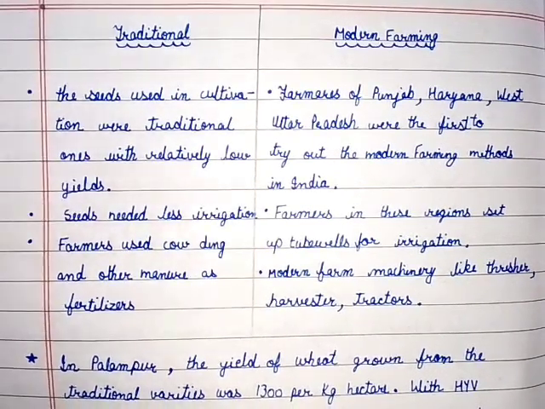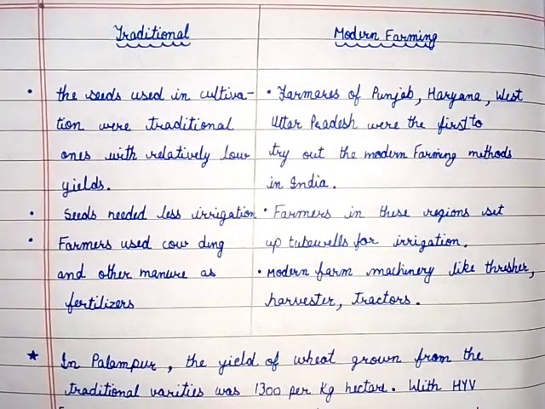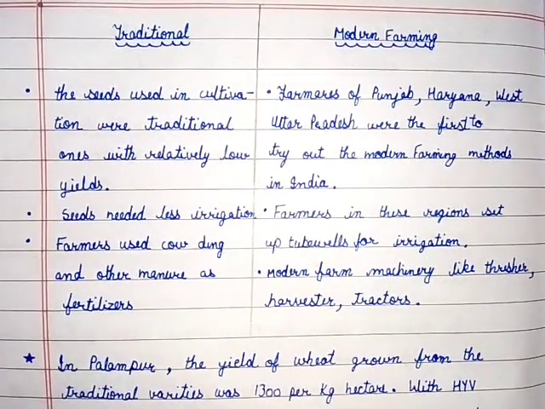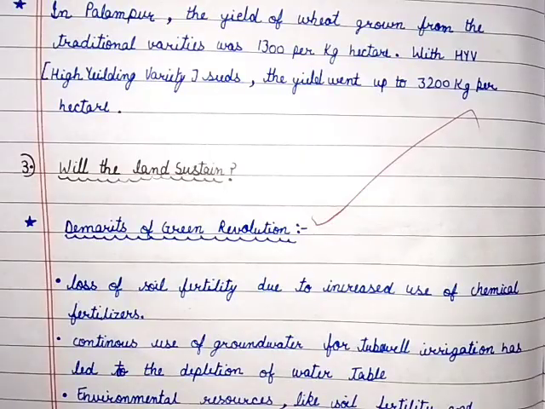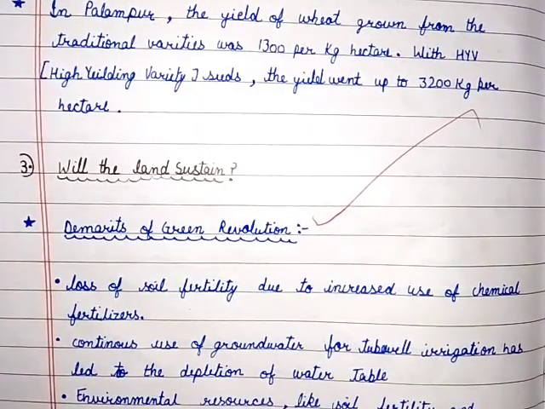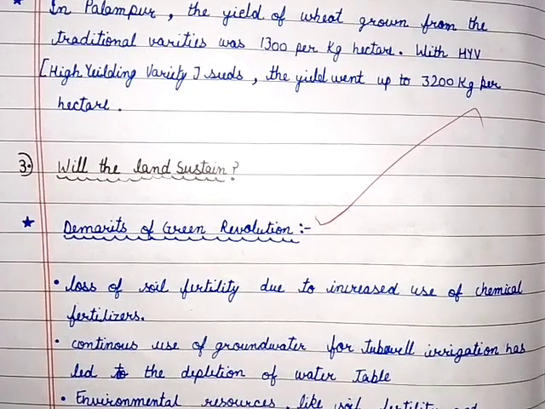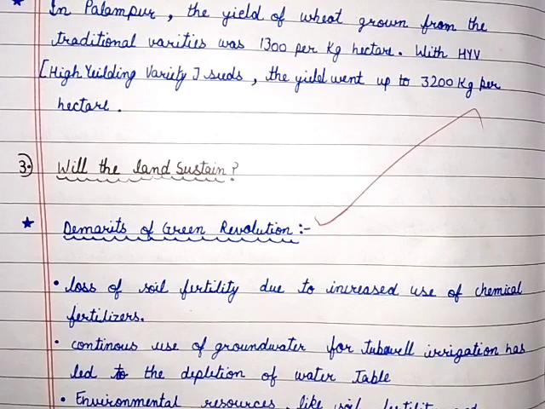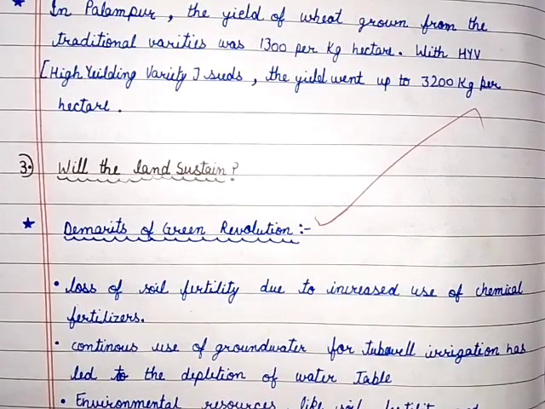Farmers in these regions set up tube wells for irrigation. Modern farming machinery like thresher, harvester, tractor, etc. In Palampur, the yield of wheat grown from the traditional varieties was 1300 kg per hectare. With HYV, high-yielding variety seeds, the yield went up to 3200 kg per hectare.